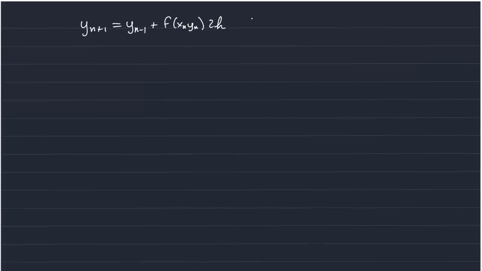So this looks a lot like Euler's. But the key is that the slope is evaluated at the midpoint between x(n+1) and x(n-1).